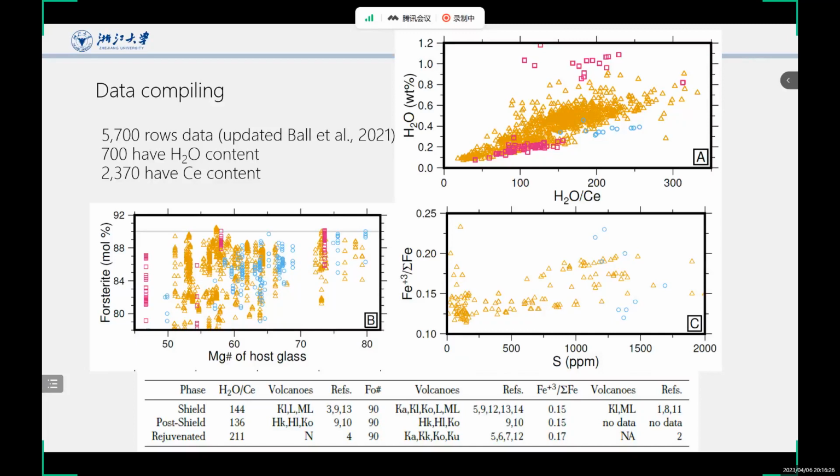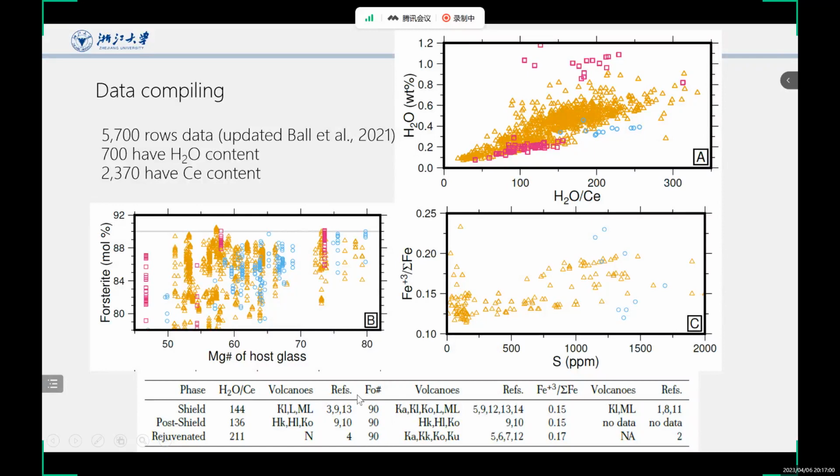So they have to set up some values in their model. First, they think these three phases have three different geochemical sources. So they set the average value of the H2O/Ce ratio differently from their data, and they got the Ce value, so they can calculate the H2O value. And they set the Fo value at 90.